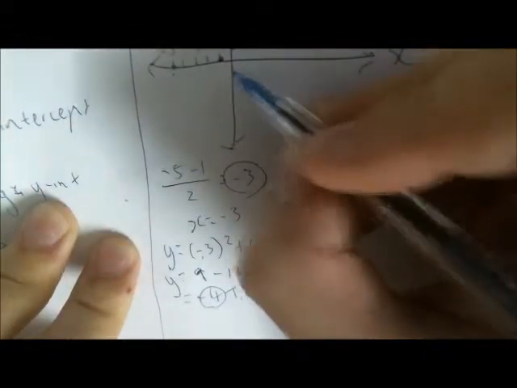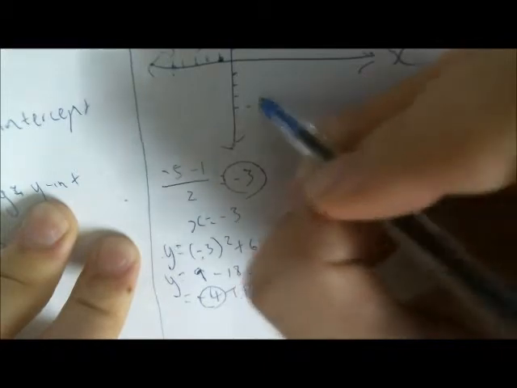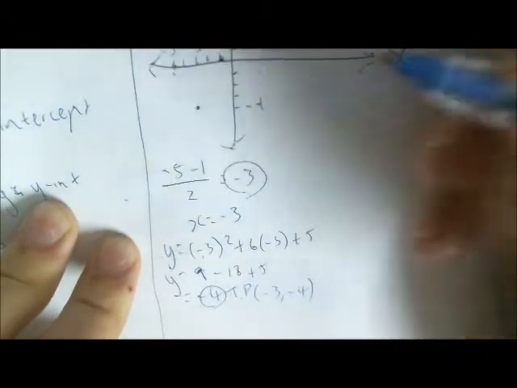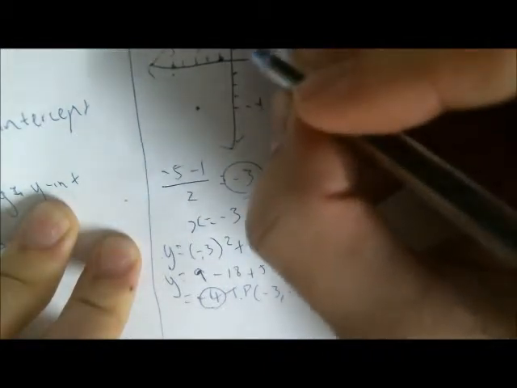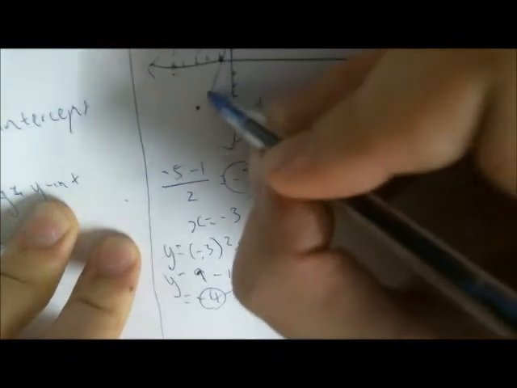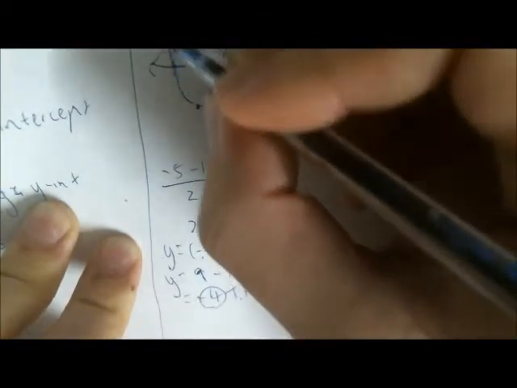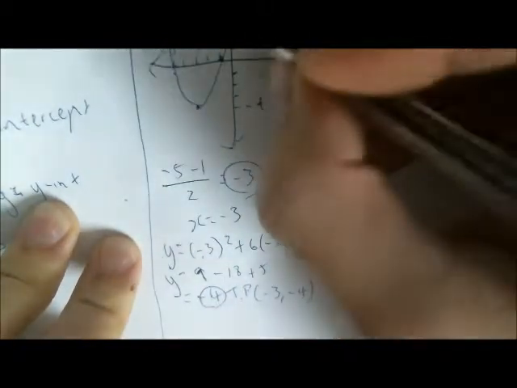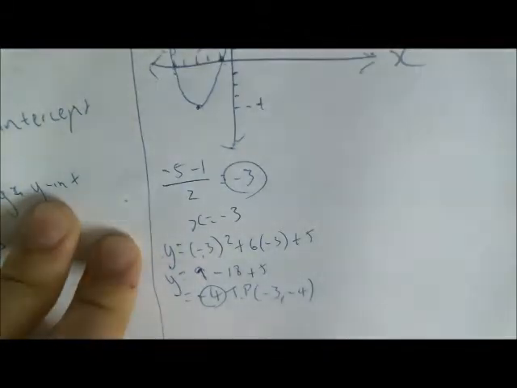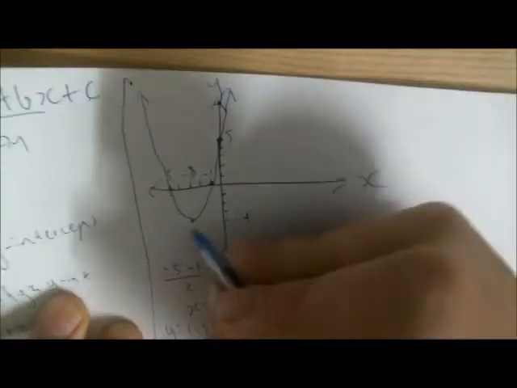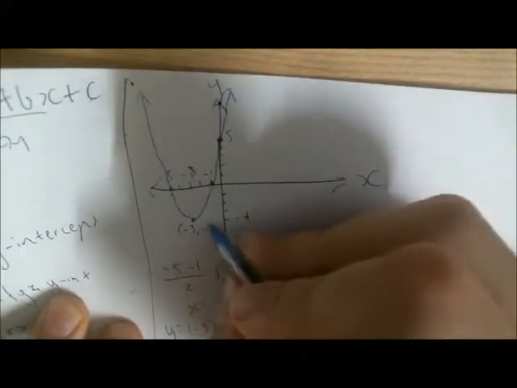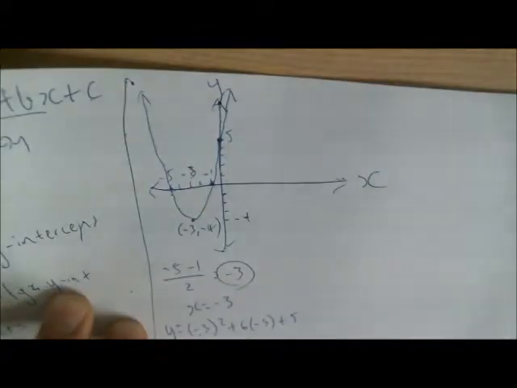So I'm going to show that on the graph now. So here it is. And then it's just a matter of connecting the dots in a curved manner. And we're done. So that's what it should look like. I'm going to label this just so the person who's marking it knows this is the turning point, (-3, -4).